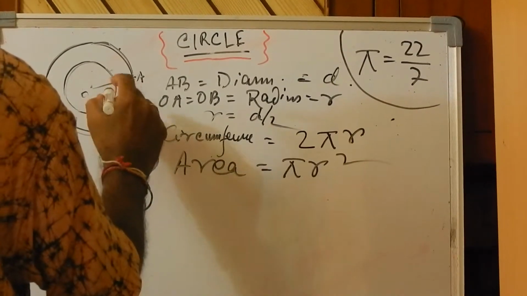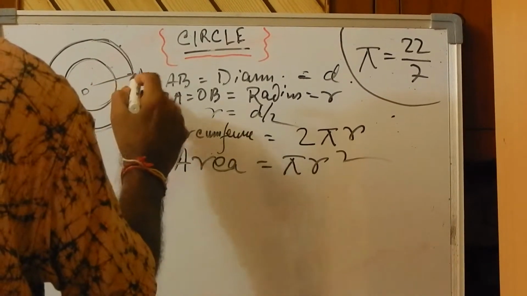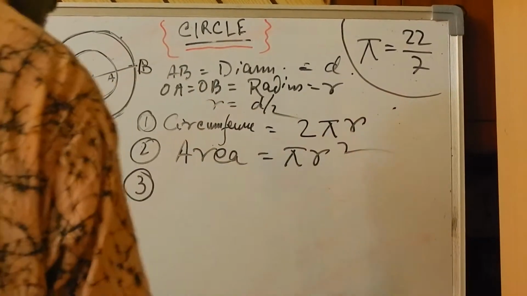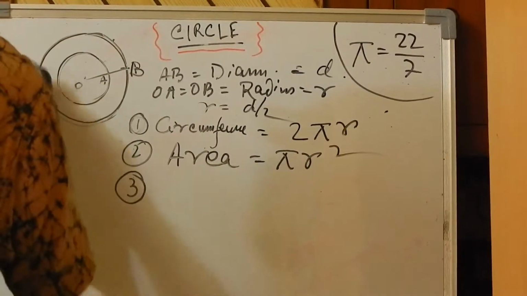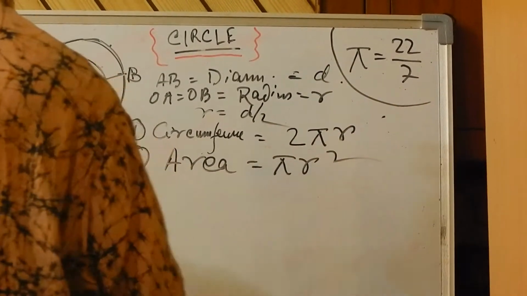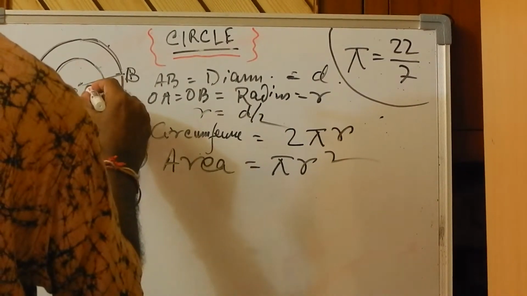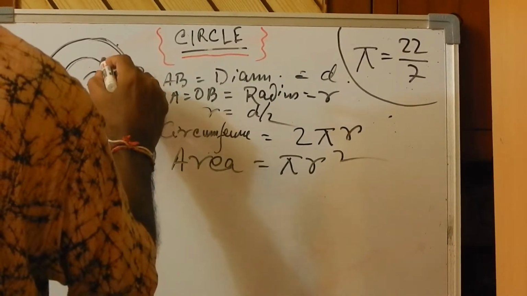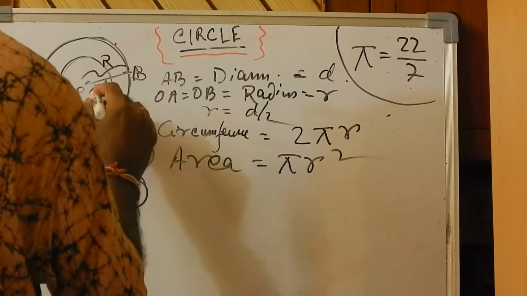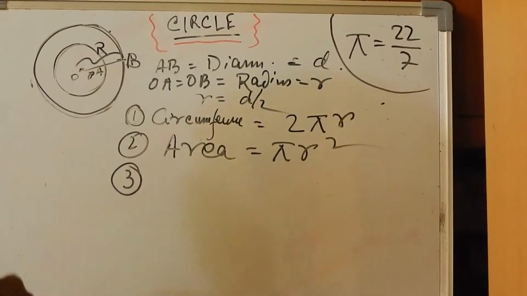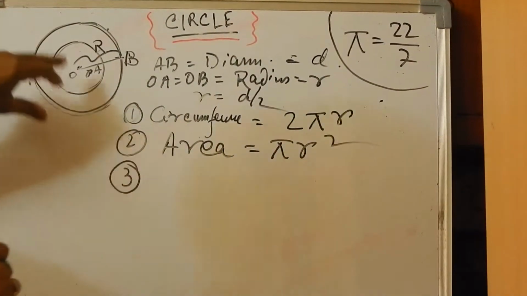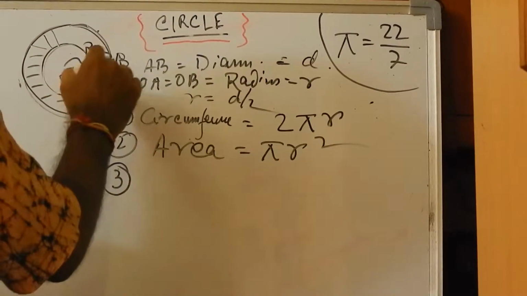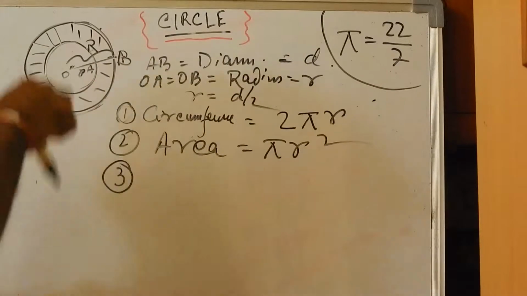So if it is O and A, B, then let the smaller circle's radius is small r, that is OA, and the bigger circle's radius, that is OB, equal to capital R. Then sometimes questions come that what is the measurement of this area, that band type structure.